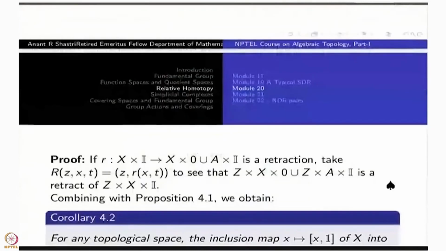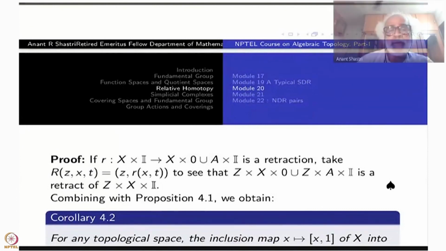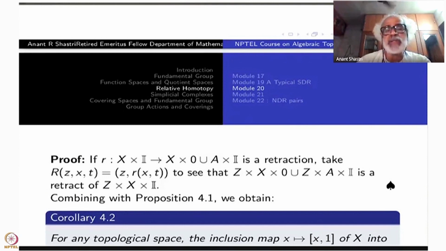With a retract R from X cross I to X cross 0 union A cross I, keep Z as it is, and look at just the second factor: R of x, t. Just taking identity of Z cross R will give you the corresponding thing for the product.